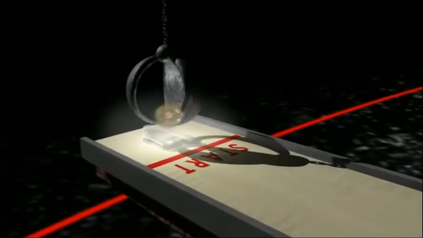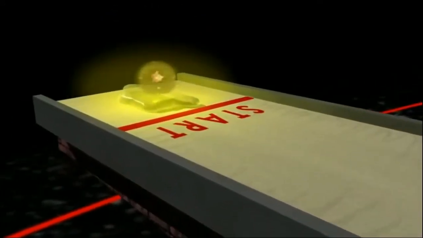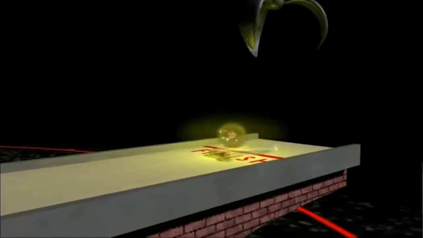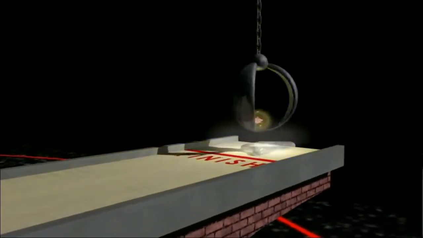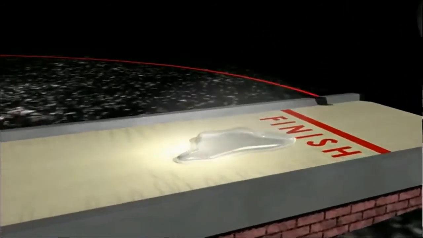For the next trip, we'll add a payload, a single atom. After inching its way another 500 billion trillion miles, the amoeba drops off its cargo and returns for more.